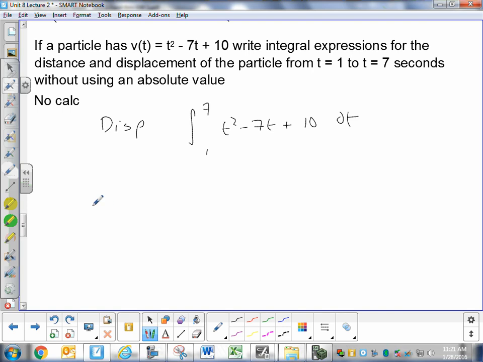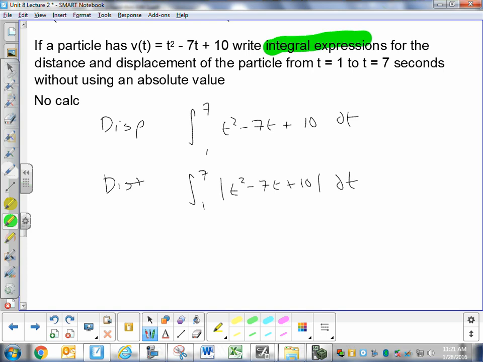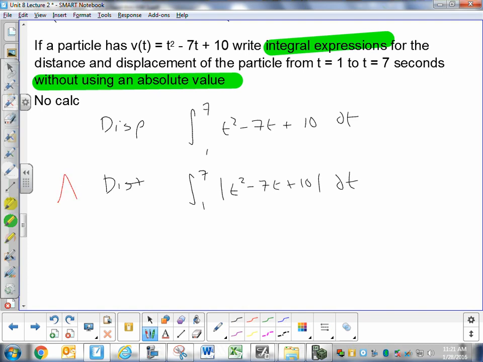If I let you use an absolute value, your answer would be easy. It would be the integral from 1 to 7 of the absolute value of t squared minus 7t plus 10 dt. But I want you to write the integral expression or expressions without using an absolute value. So give me another answer for that. Go.